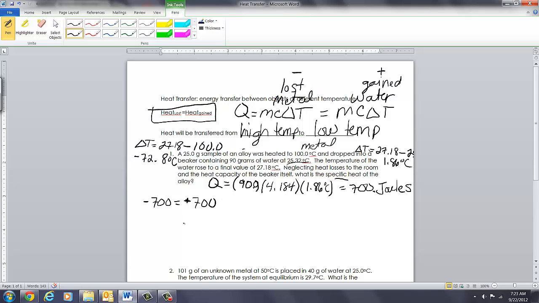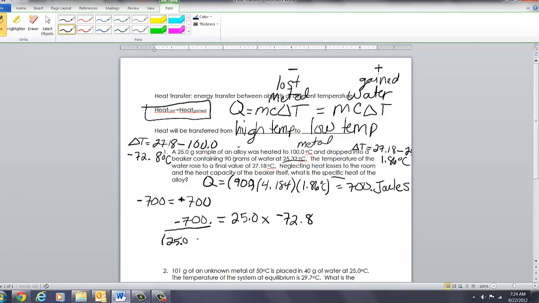So now we're just plugging our formula in using the values for the metal. Negative 700 joules of energy. The mass is 25. Specific heat's what I'm looking for. The temperature change, negative 72.8. So I need to isolate X. So we're going to move these two to this side. You can either do the math first, or you can do it as one.